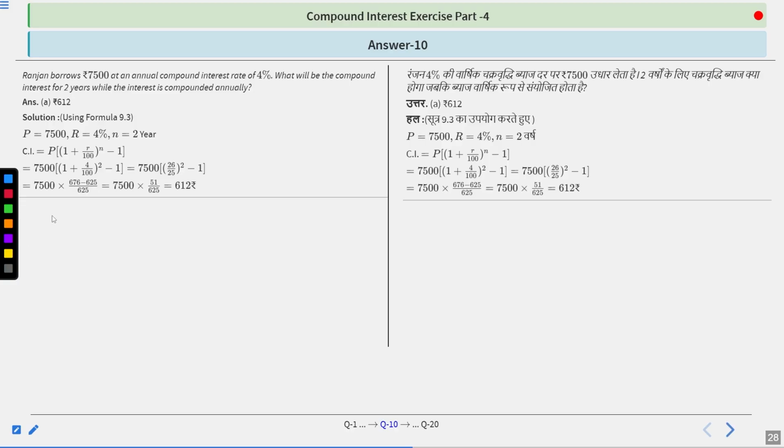So 7,500 into 26 square is 676 and 25 square is 625, and taking LCM we get 676 minus 625 upon 625, that is going to be equal to 7,500 into 676 minus 625 is 51 upon 625, and on calculation it becomes rupees 612. So option A, 612 is the correct answer.